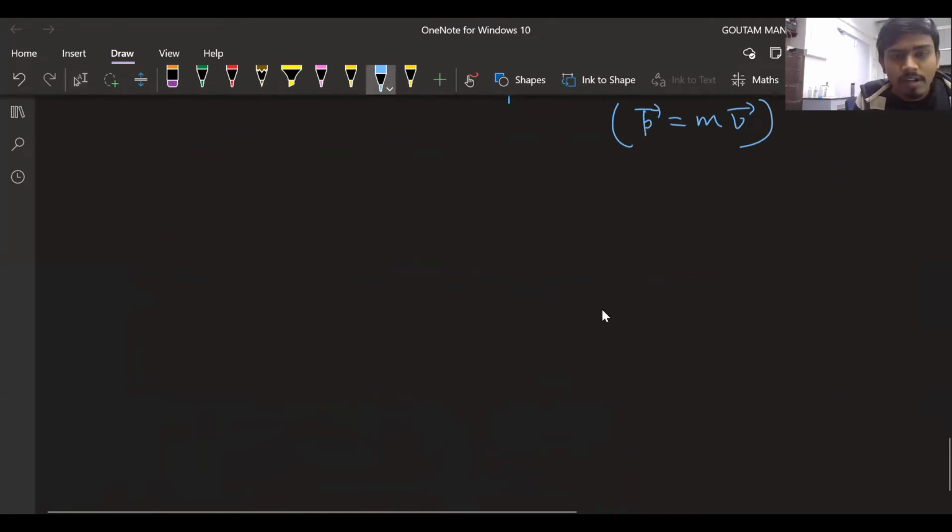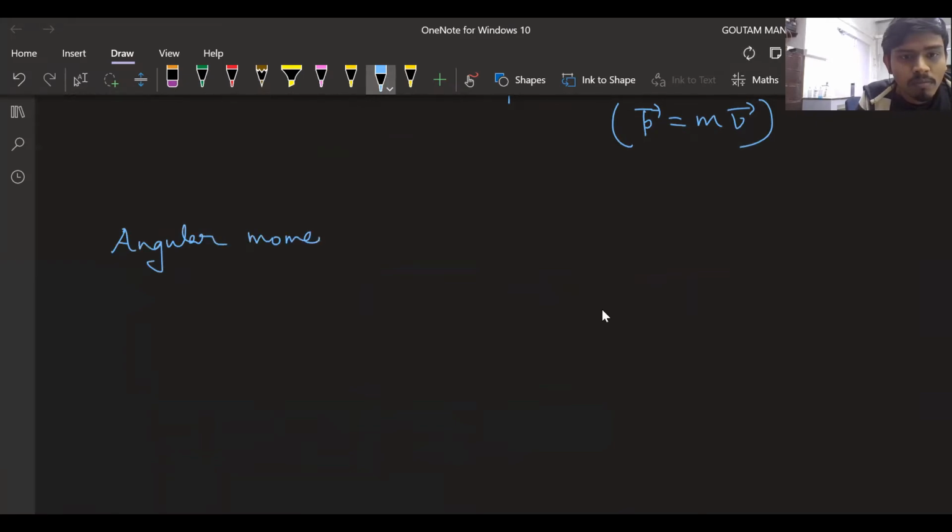Now let's define another thing that is called the angular momentum. Angular momentum, which is defined by L, is basically the cross product between the position of the particle and the linear momentum.